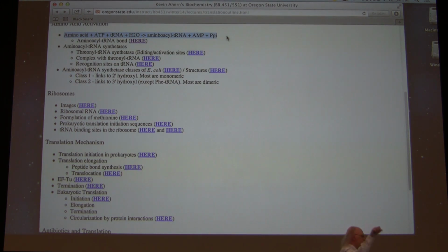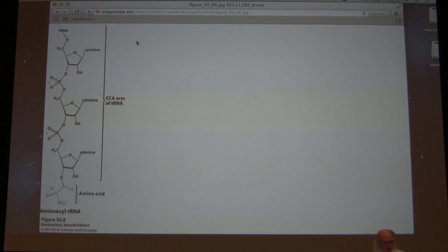Its importance is so great that it's the most abundant protein in E. coli. You don't want to have any time waiting on an EFTU protein to show up to cover up that bond. You want to have so much of it available that it's there when it's needed, and it is. We have similar proteins in our cells that function in the same way and for the same purpose. So there is the bond, again, right there.